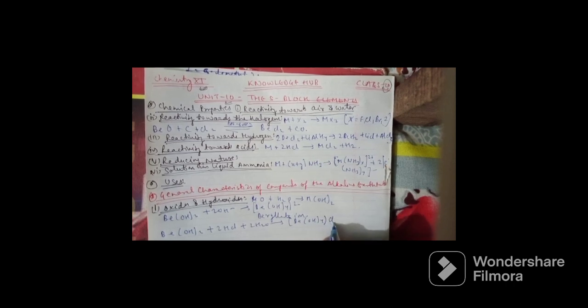Now another: Be(OH)2 plus 2HCl plus 2H2O gives [Be(OH)4]Cl2.